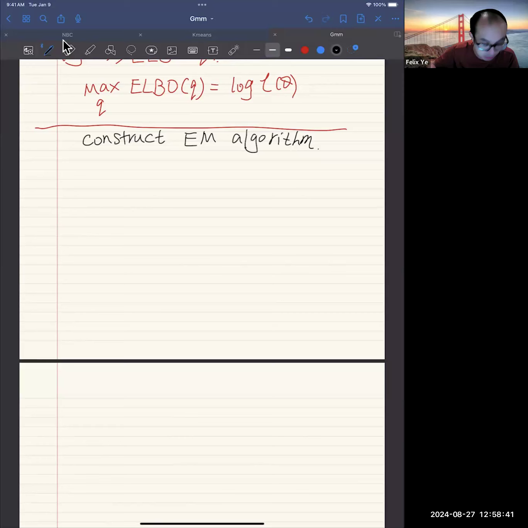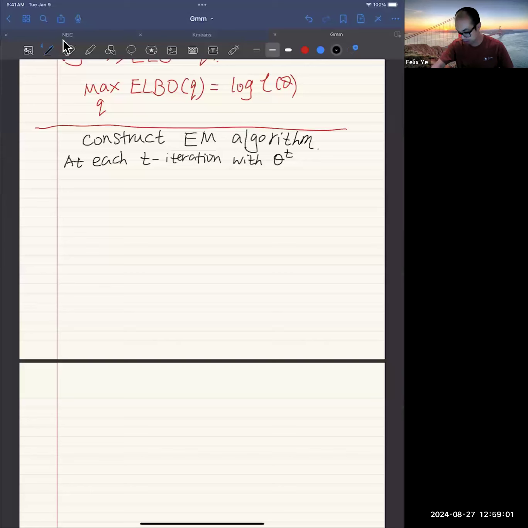So the key point is that at each t-th iteration, with theta t, this theta t is not theta to the power t. On the other hand, it's just the theta value at the t-th iteration.